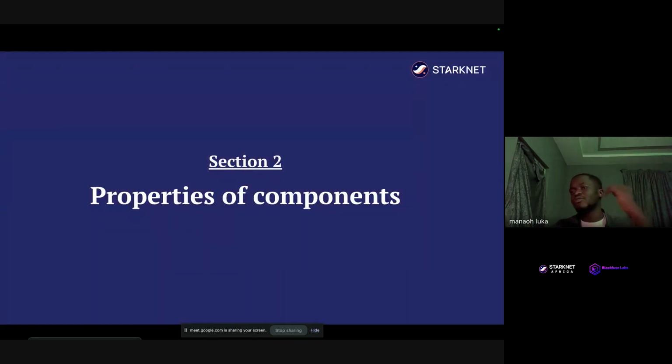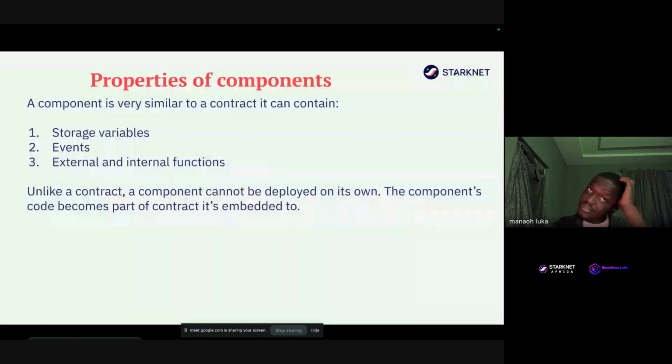All right, so properties of a component. What is entailed in a component? Like I said, a component is very similar to a contract, meaning it can contain storage variables. It can have events. You can also have external and internal functions all within a component.